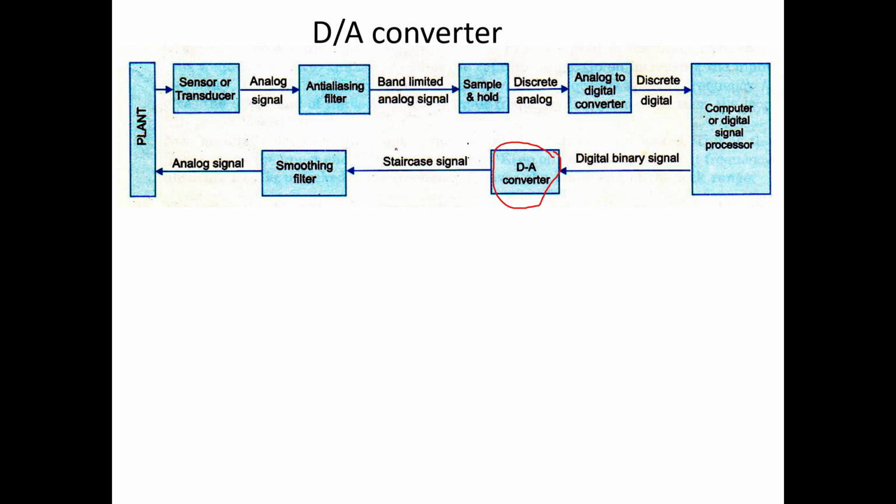The output of this is a staircase signal. It's an analog signal, but it is a staircase signal. By passing the signal through a smoothing filter, the controlling analog signal will be produced, and this goes into the plant.